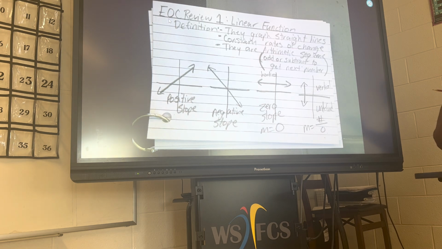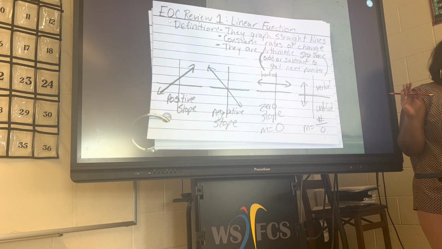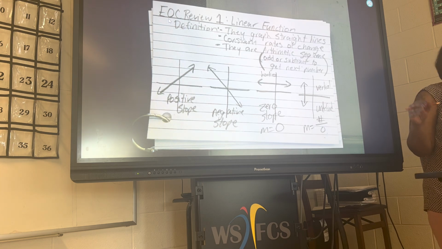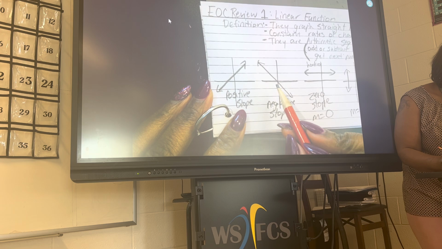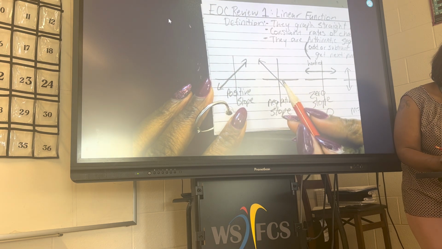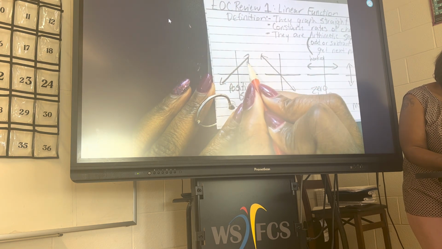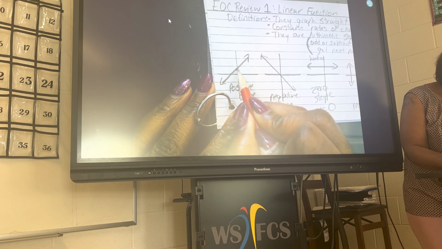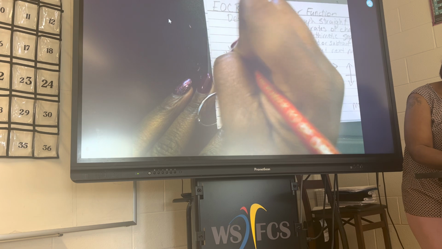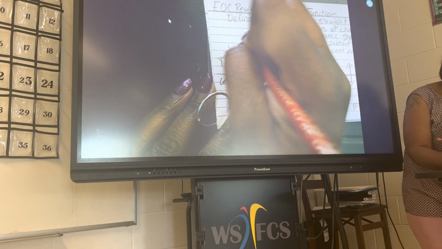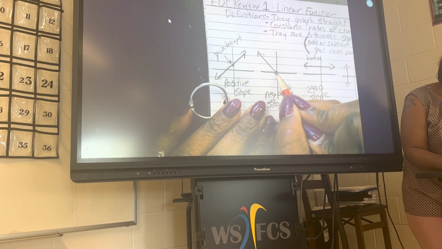Anybody lost? You sure? Okay. All right, here the slope is rise over run. Remember, this is your y-intercept. Y-intercept is where the line crosses the y-axis.